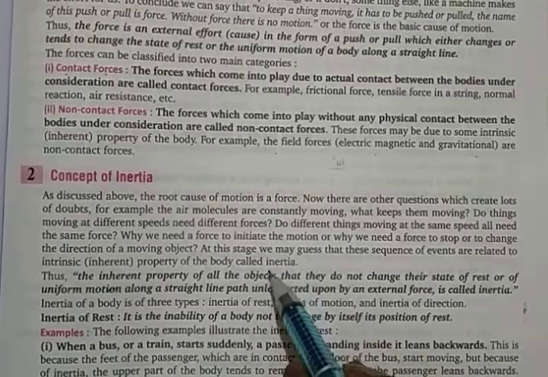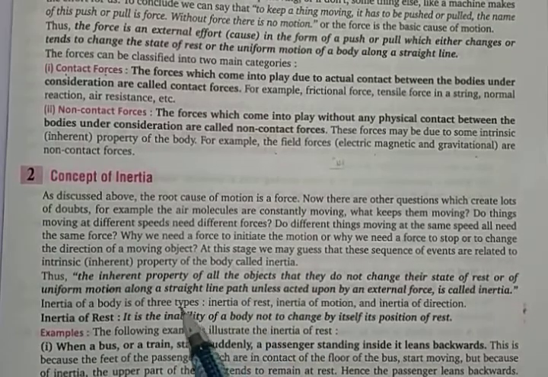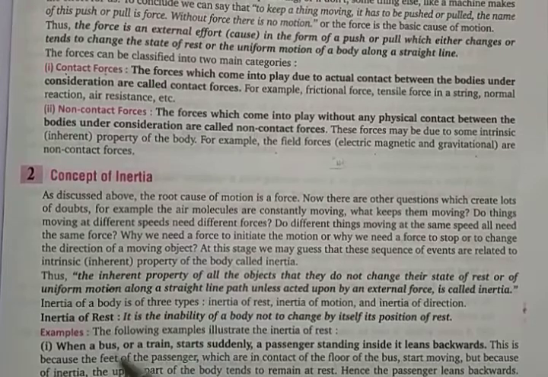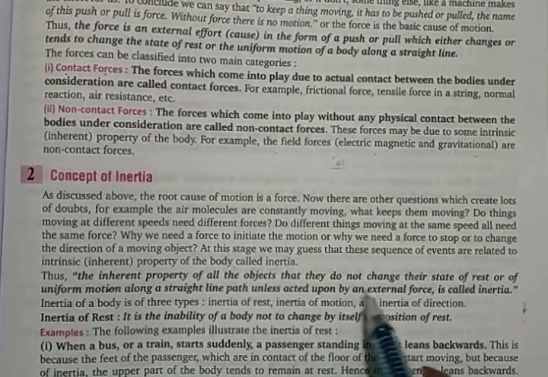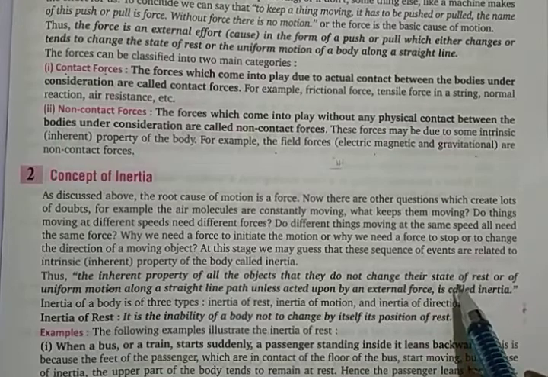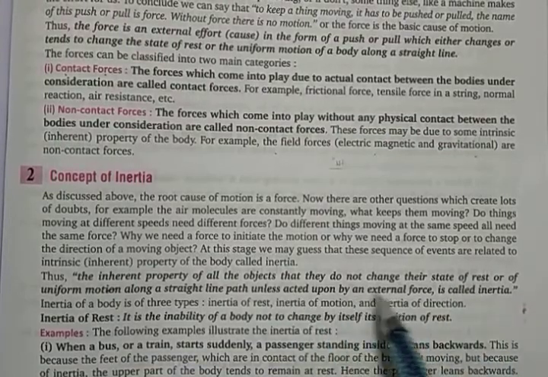You can read this. The various questions are given; you can answer those as we go. The natural phenomenon which God has put in every body is that you need an external agency to change the state of rest. If it is at rest, it will stay at rest. Objects do not change themselves.